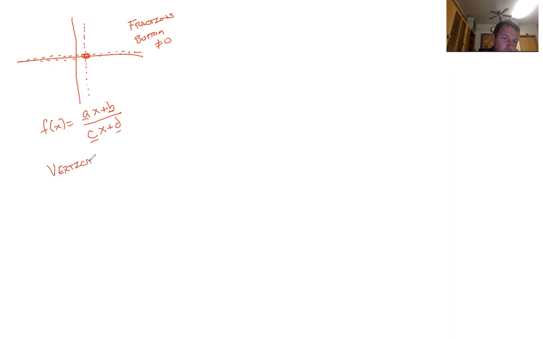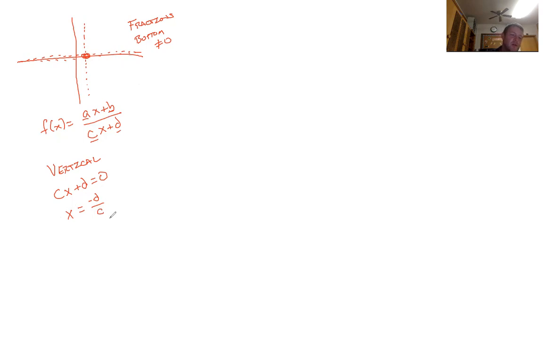Vertical is the restriction on the domain, so we set the bottom equal to 0. So cx plus d equals 0, and then you solve for x. I subtract d and divide by c, so x equals negative d over c. This would be my vertical asymptote.